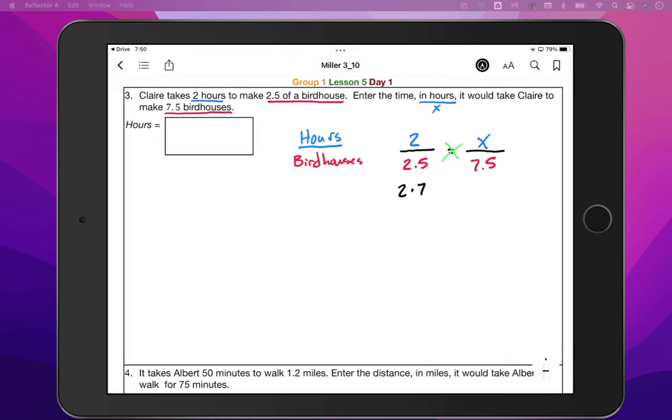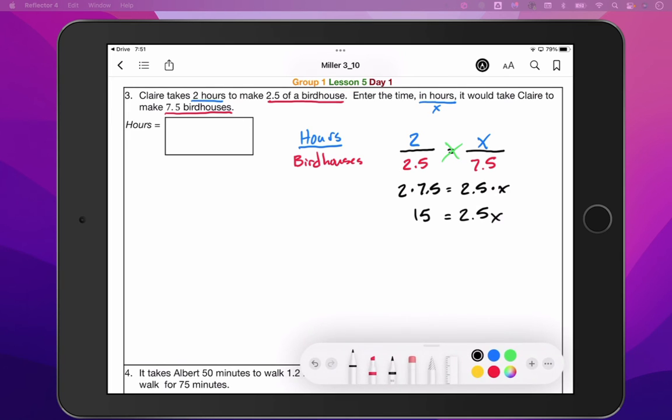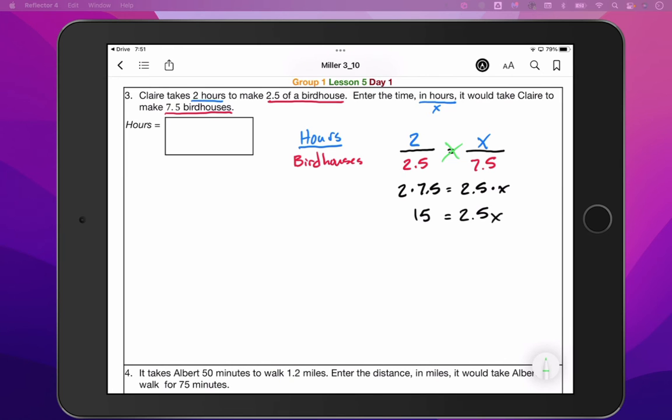So 2 times 7.5 is equal to 2.5 times X. So 2 times 7.5 is going to be 15, is equal to 2.5 X. And then lastly, to find the value of X, we're going to divide both sides by 2.5.